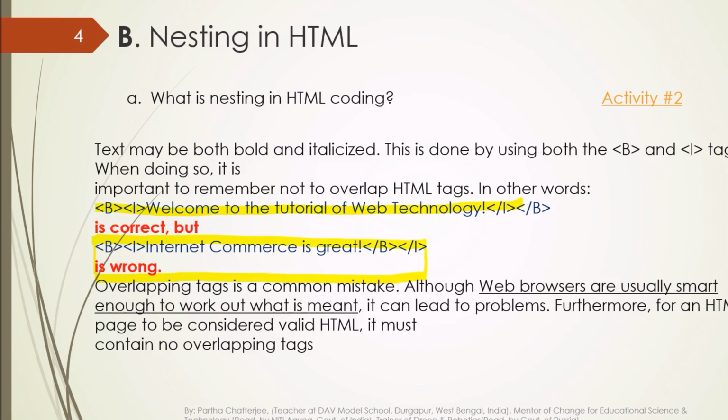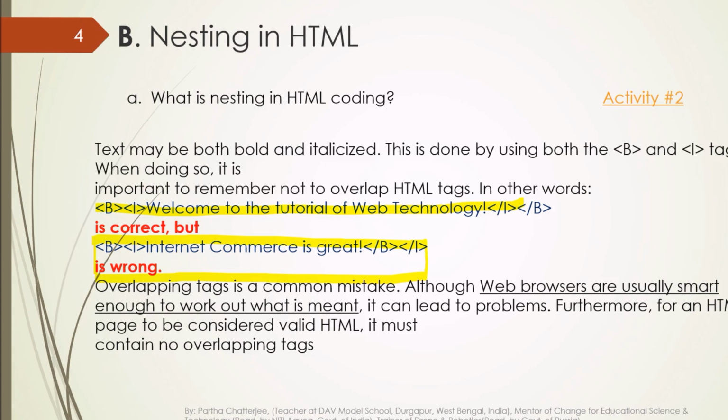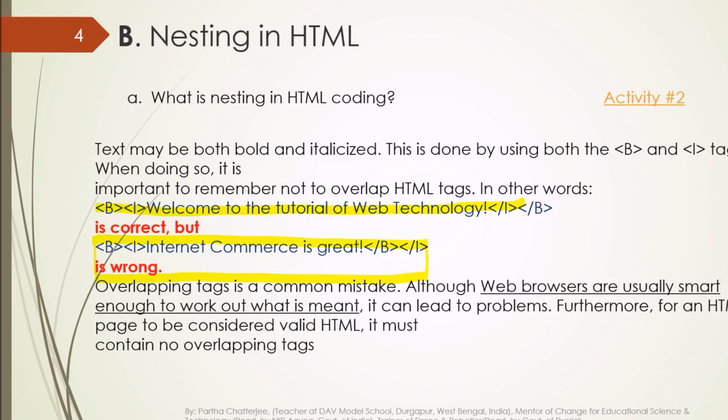Maybe as we are using HTML5, it is a much developed version, so you may get some relaxation in small programming, but in broad view you will face many problems if you don't maintain this nesting of tags in HTML. I think this is clear.